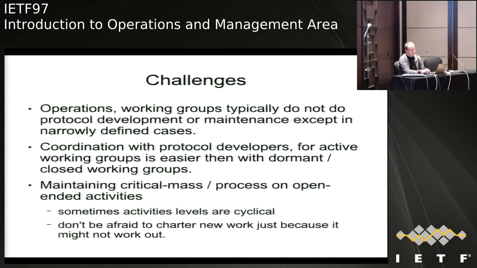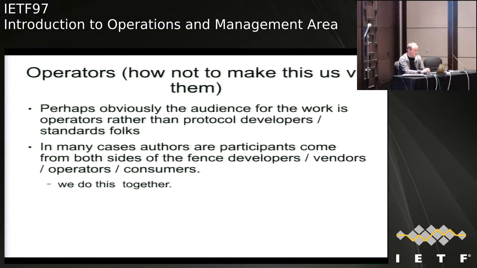So protocols will go through periodic demand for change or usable input, and then the level of activity will drop off again for a couple of years. That means we have to not be afraid to charter new work just because it might not work out. Sometimes we have to make working groups dormant and then find new chairs when the level of activity works up.